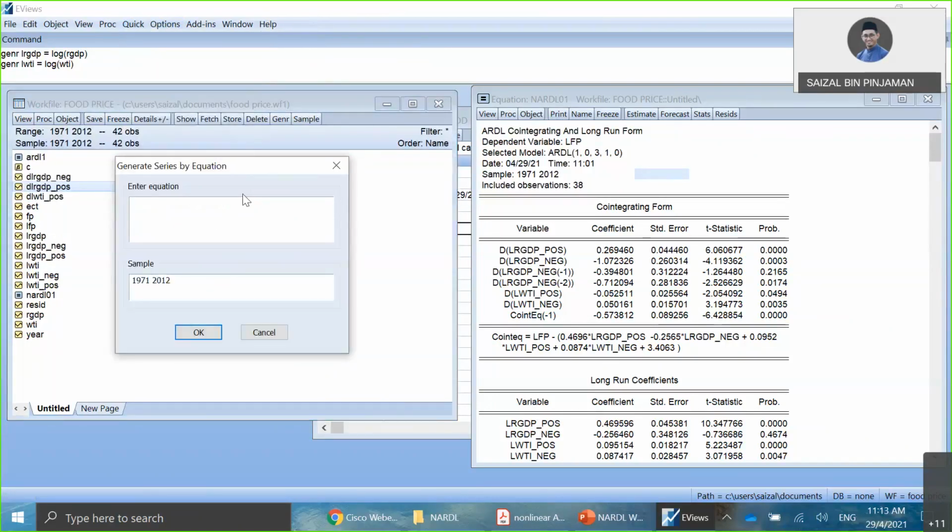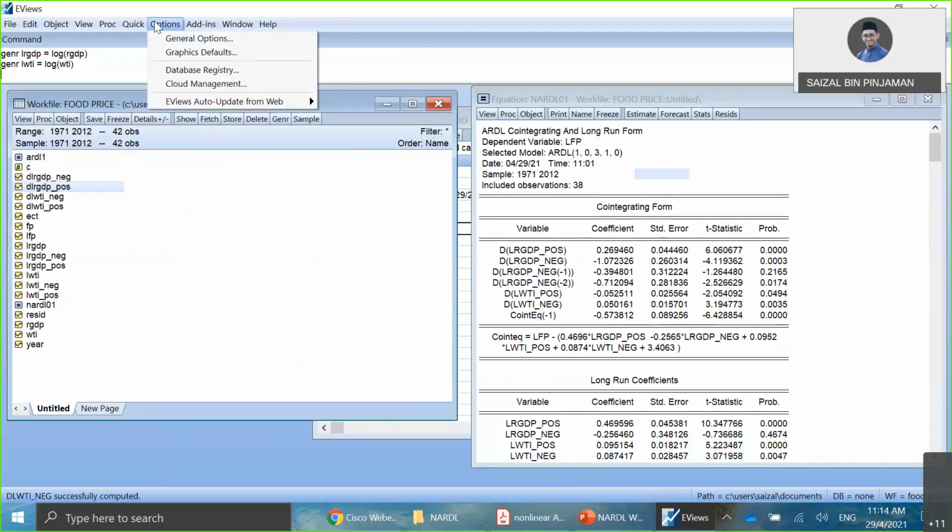Repeat the same thing again, this time for negative fuel price. DLWTI negative is equal to LWTI negative minus LWTI negative in previous value, or in lag 1. So we construct the LWTI negative in difference form.